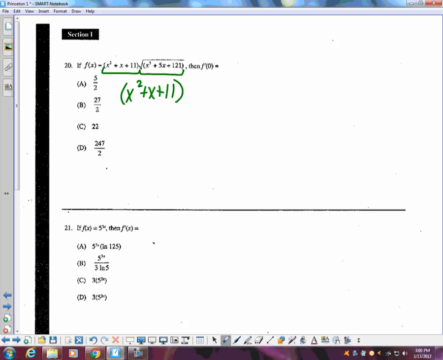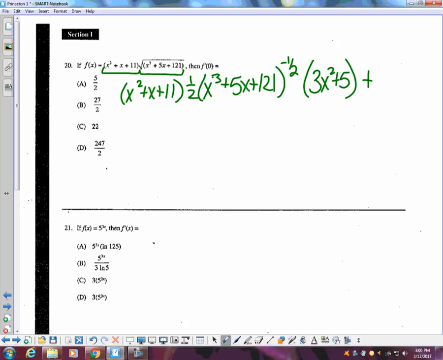So pull your 1/2 down. Leave it. Is that a cube? Knock 1 off your power. And then you got to do the derivative of the inside, which would be, okay, that's just the first one. Plus, that was leave it, take the derivative. Now we got to take the derivative, leave it.